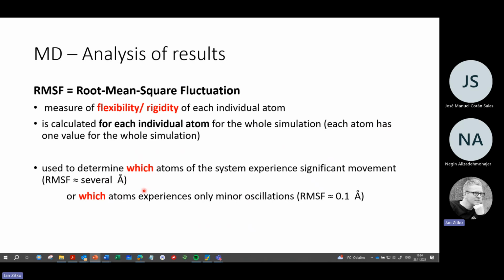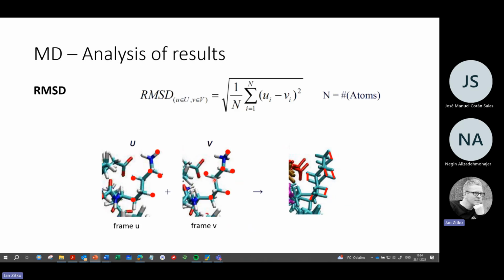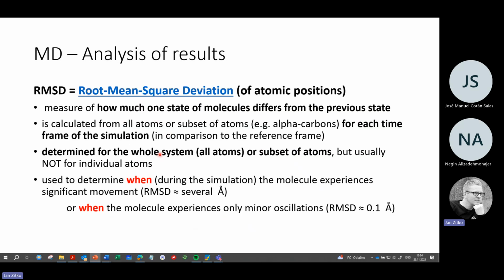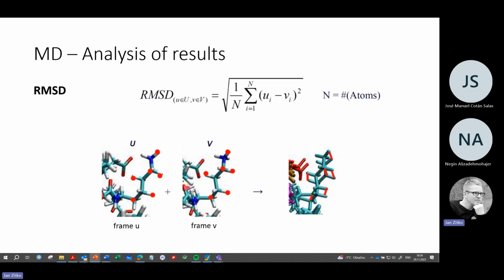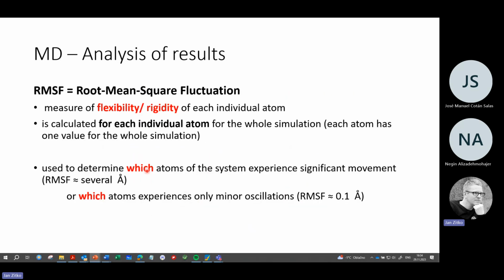Significant movement would mean RMSF of several angstroms. If the atom is rigid, not moving in the whole simulation, the RMSF will be much lower. Once more, the RMSD tells you when, and you have a value for each frame, and the RMSF tells you which, and you have one value for the whole simulation.